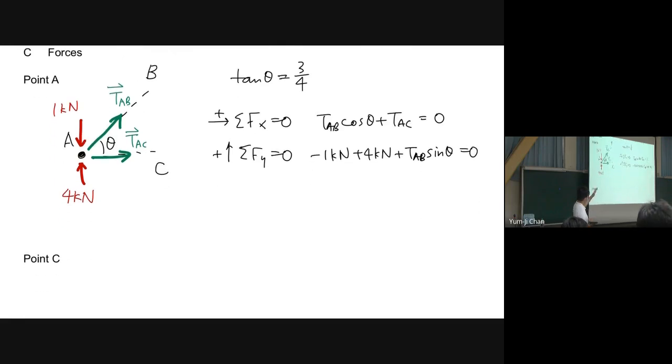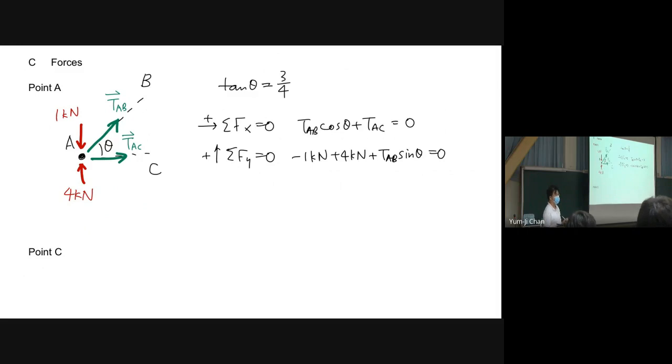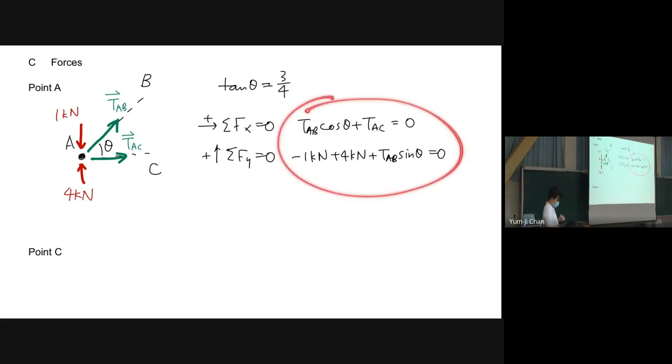I will leave these two equations here first, and we go to point C.